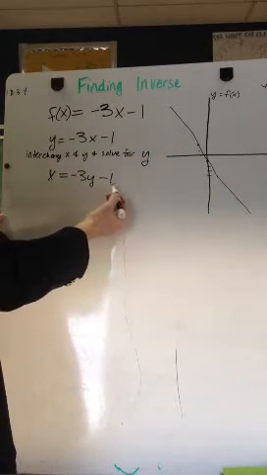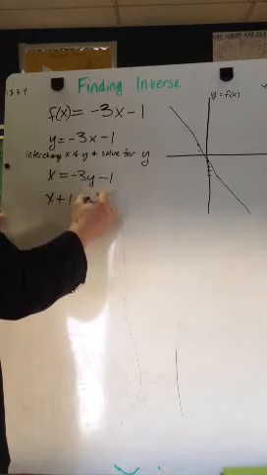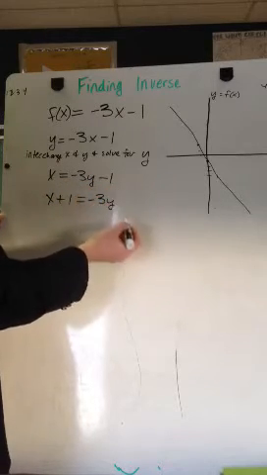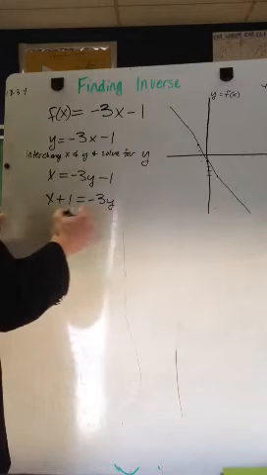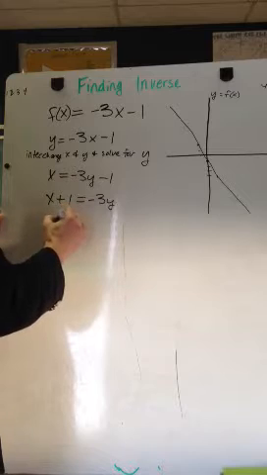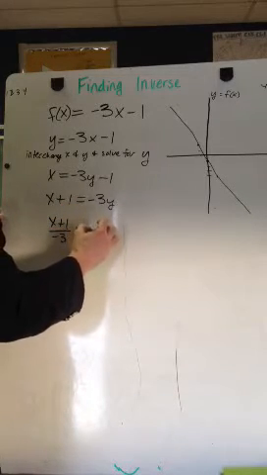Let's see, I'm going to add 1 to both sides. I get x plus 1 equals -3y. Now I want the y all by itself, so I'm going to divide by -3. That leaves me with x plus 1 divided by -3 equals y.